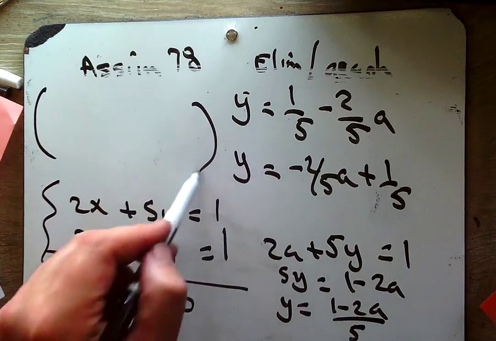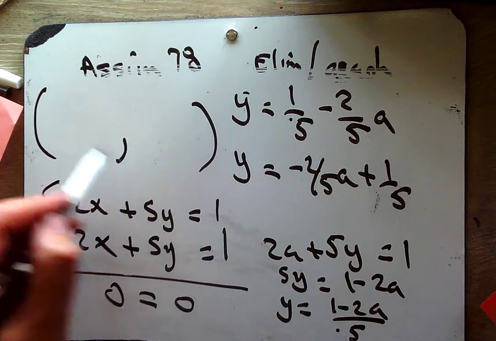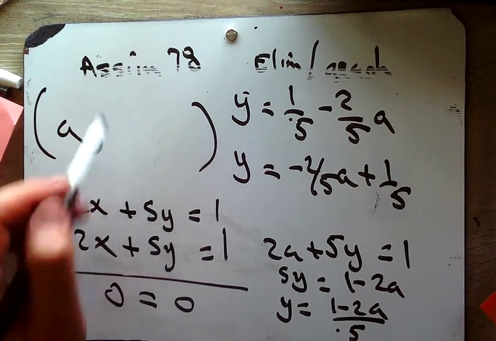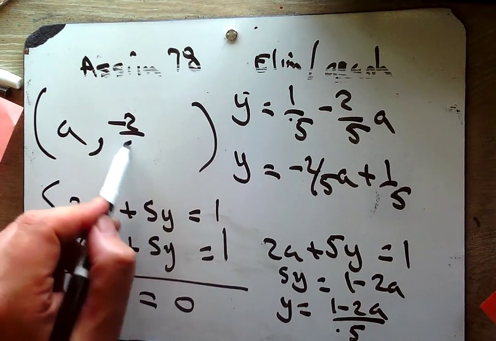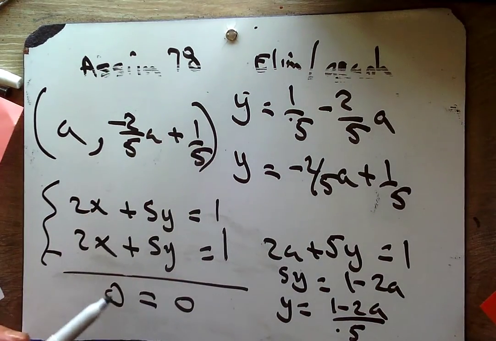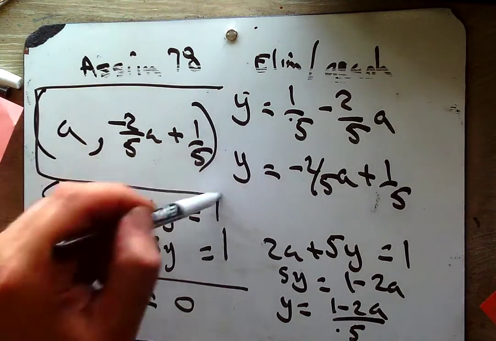Whichever method you use, I don't care, they're all the same. I do want to see, though, a, comma, one of these 3 solutions. Negative 2/5 a plus 1/5, I believe, is what your book would use. But if you wrote that on a quiz, I wouldn't mark that wrong. So there's our parametric solution.